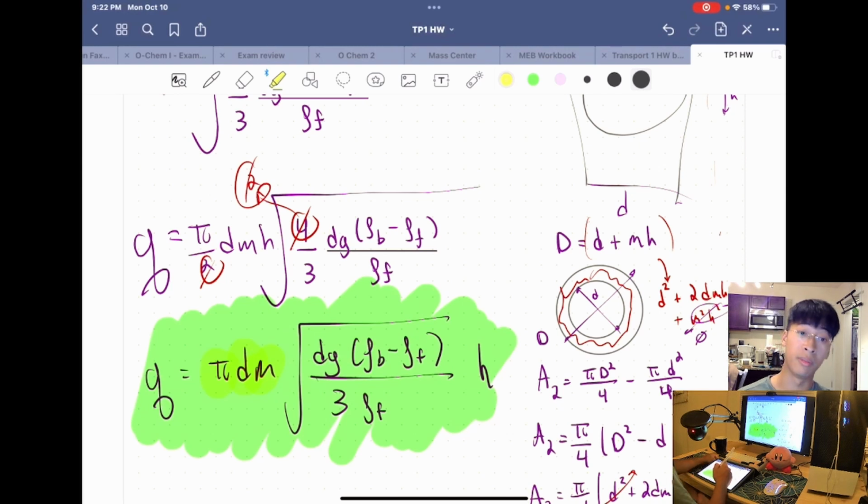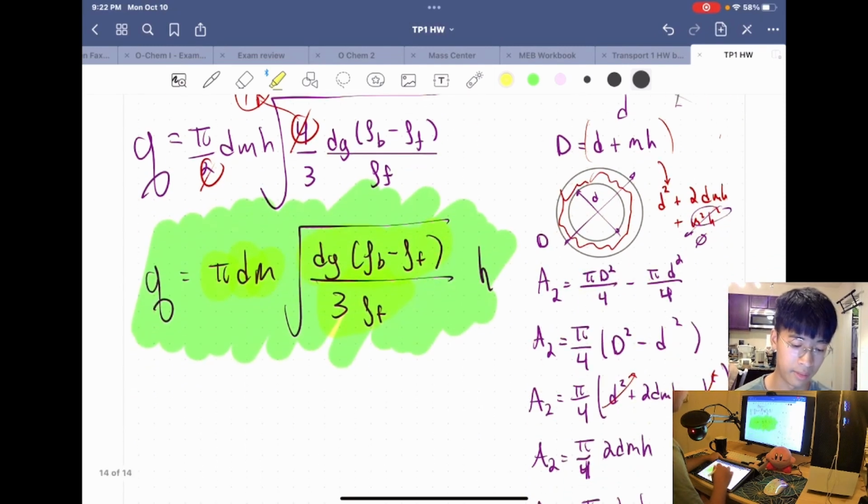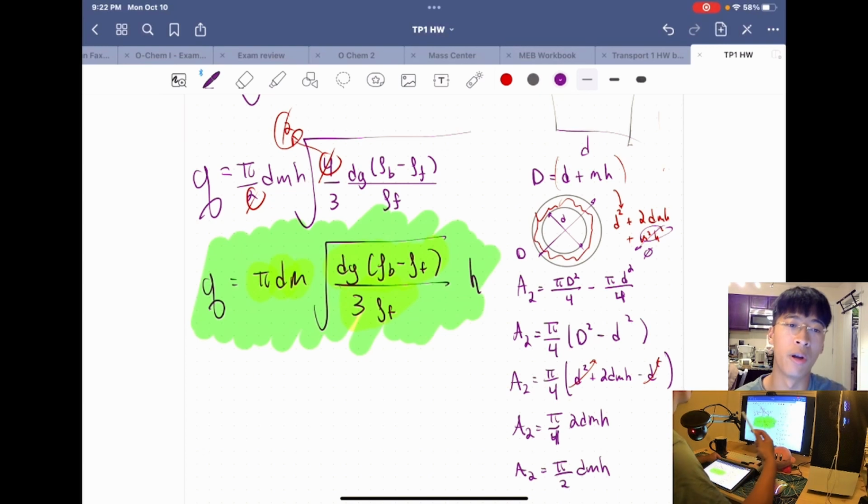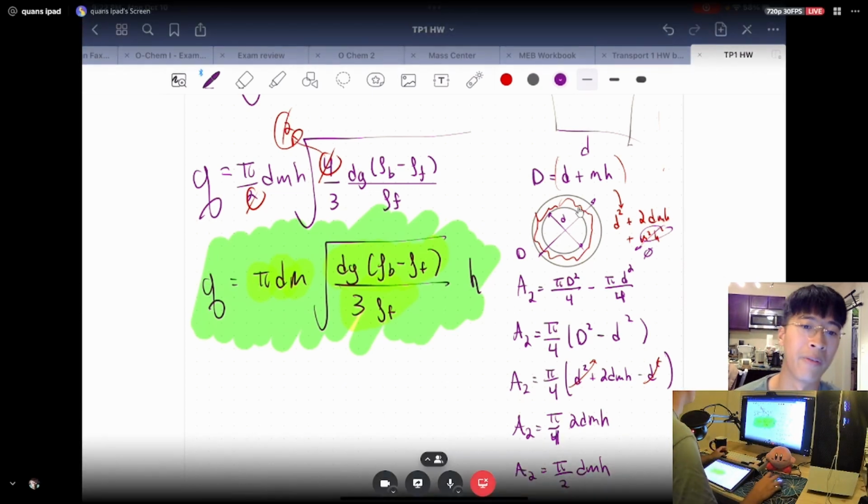M is going to be the slope of the taper. Everything here are constants, so you can represent all this as some arbitrary constant. Okay, then multiply by h. Therefore, this is now our function for volumetric flow rate as a function of height of the ball in the rotameter. And this will conclude part 2 of homework 2 for transport phenomena 1.